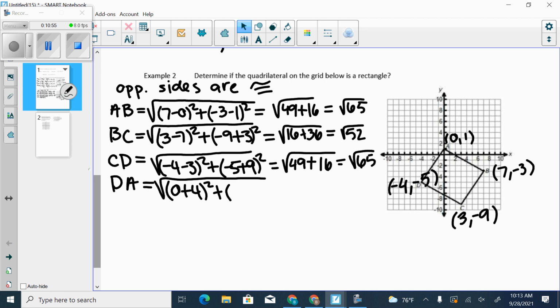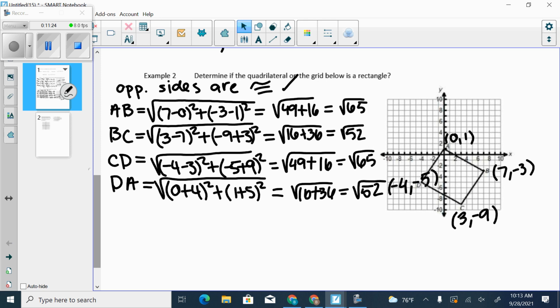Plus, good. And 0 plus 4 squared is 16. And 1 plus 5 squared is, so that side is, okay. Alright, so far so good. The opposite sides are congruent, so we checked that idea off.